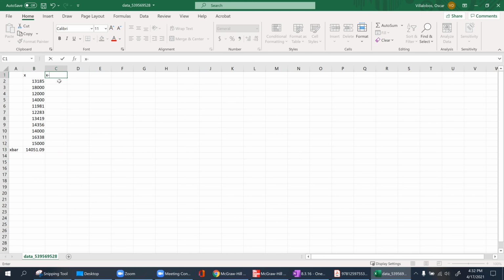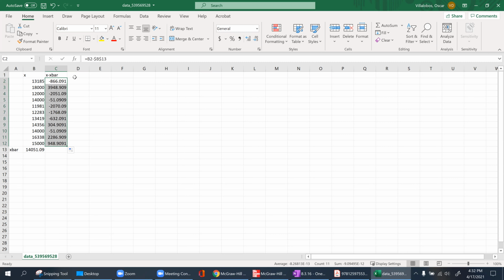The other one was x minus x bar. So this here would be equals, I choose this value, minus always this x bar. And we said we're going to write dollar signs before the letter and before the number of that cell. That locks that value in, and I want that copied all the way down.